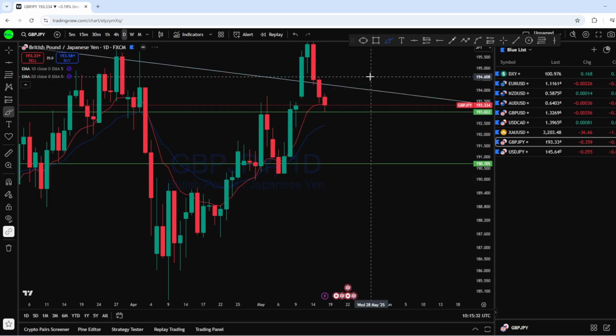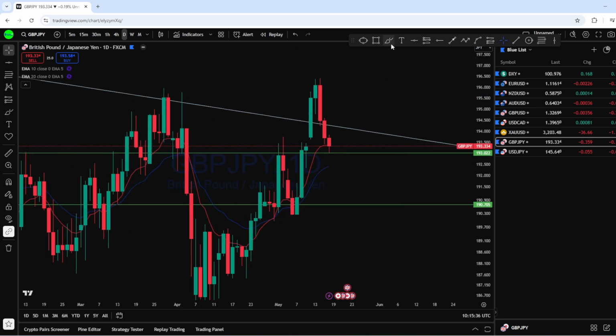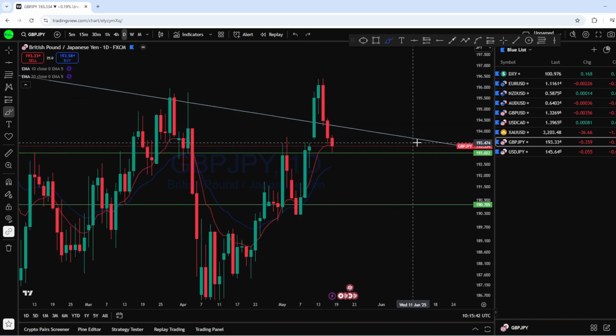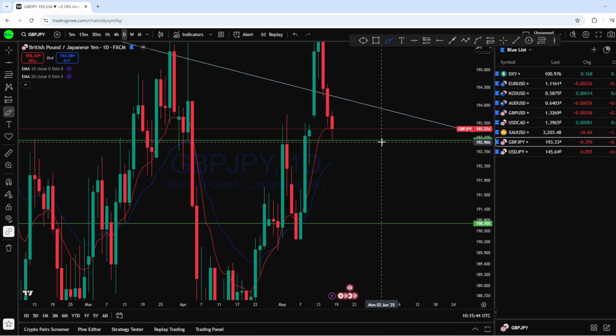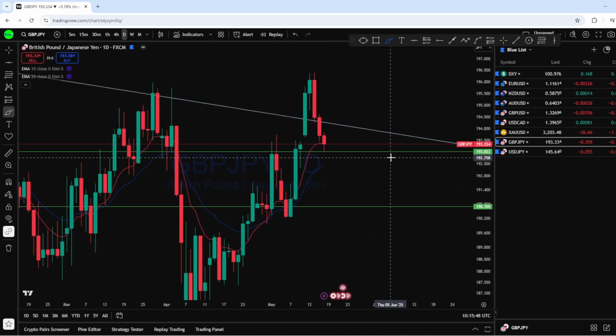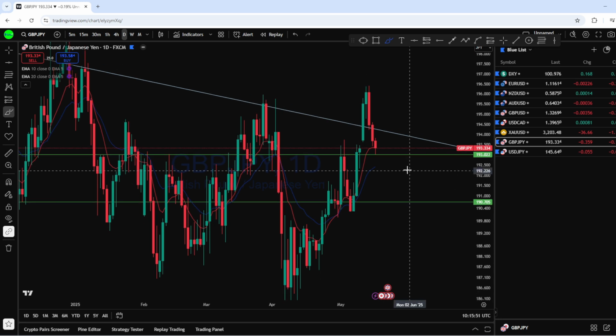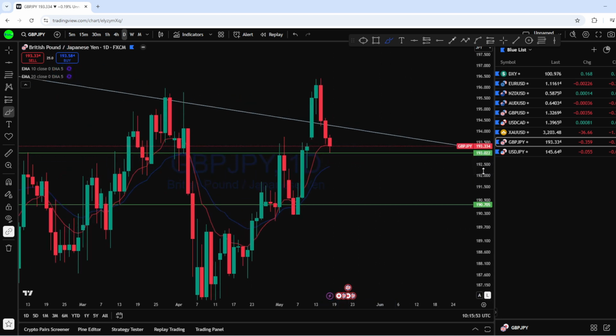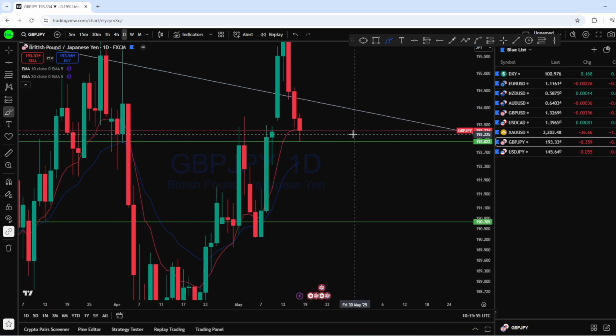Now looking at daily here on GBPJPY, we can see that from the daily, this is the daily move. From this level there is a big drop here, and with that daily price action back to back 3 days, the price has dropped to that support level. And what we can see is the last day of the trading week, a narrow candle.